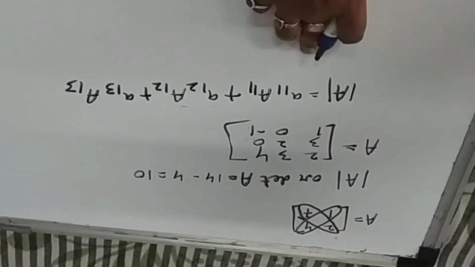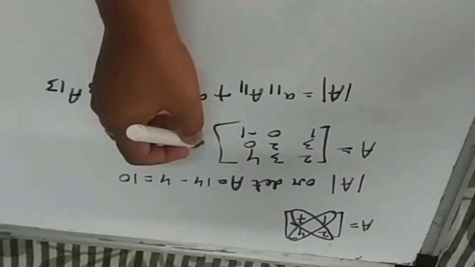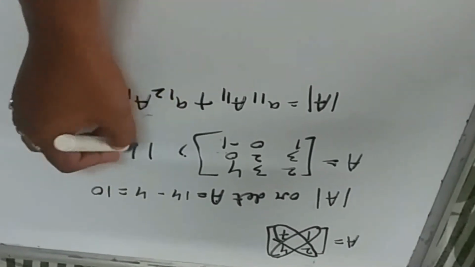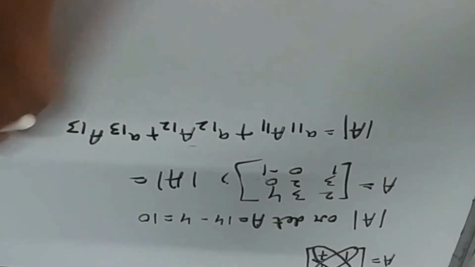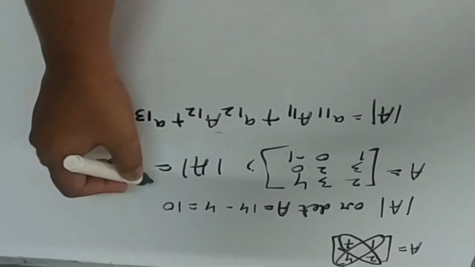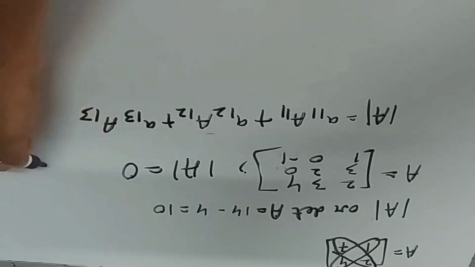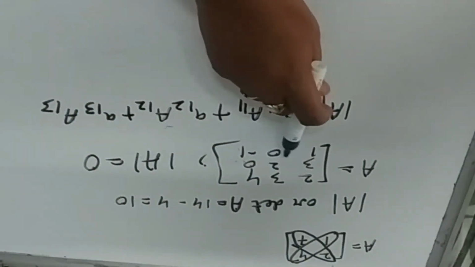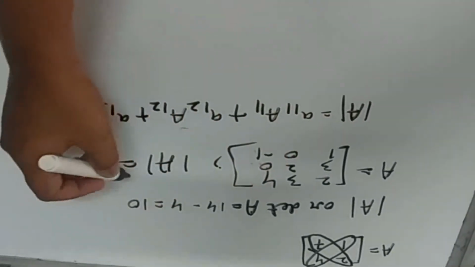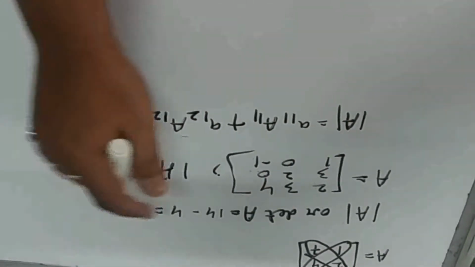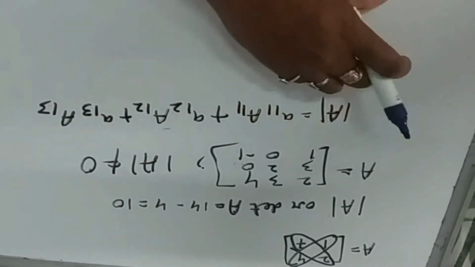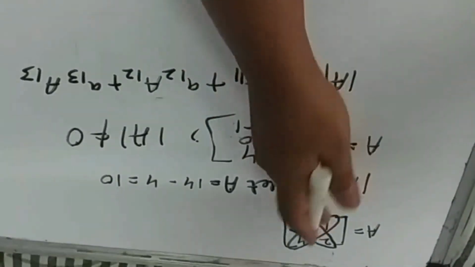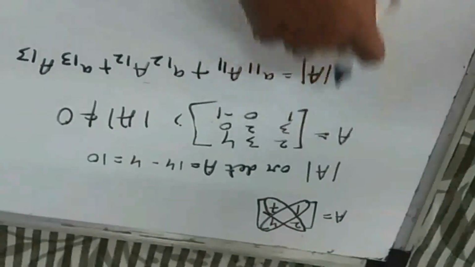So if you calculate the determinant of this matrix, there will be some value. Now if this value is 0, then this matrix will be called a singular matrix. If this value is not equal to 0, then this matrix will be a non-singular matrix. Same case in 2 into 2 also.